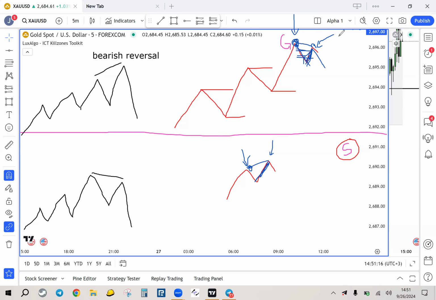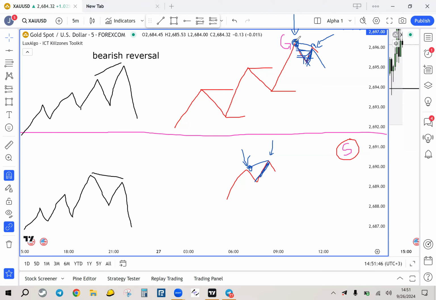Because the imbalances usually happen to the upside. And it is unusual for a bearish imbalance to occur in a bullish market, because bearish imbalances do not happen. When price goes down in a bullish market, it goes in a balanced way, because if this is the imbalance, then the rebalance will occur in a balanced way, okay? There's just simply no other way for me to put it, right?